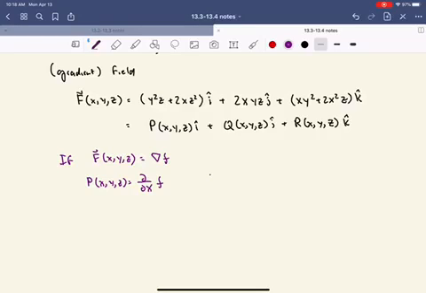We're going to take the partial with respect to y of P, which is going to be 2yz. And we're going to take the partial with respect to z of P, which is y squared plus 4xz.